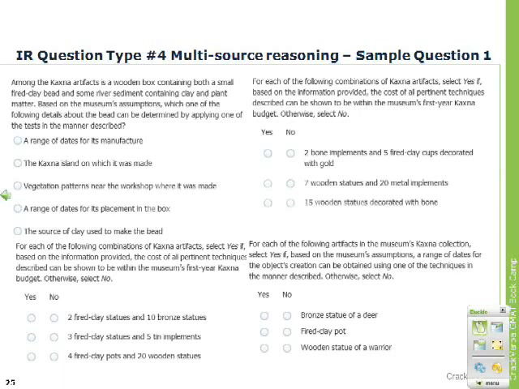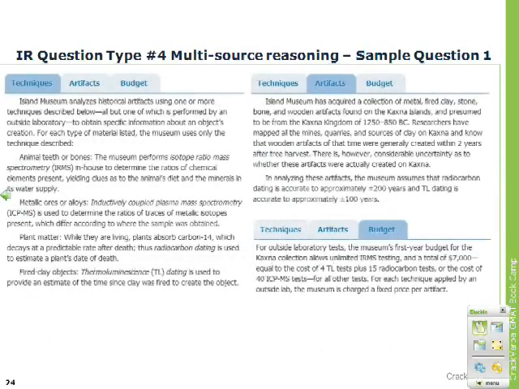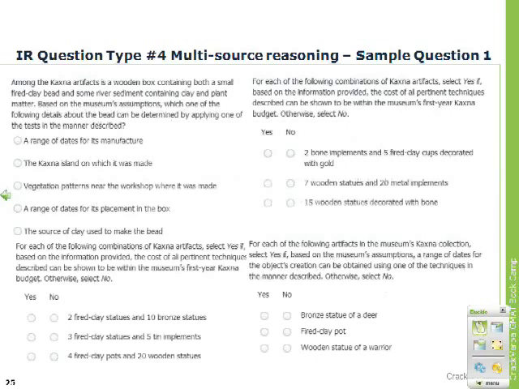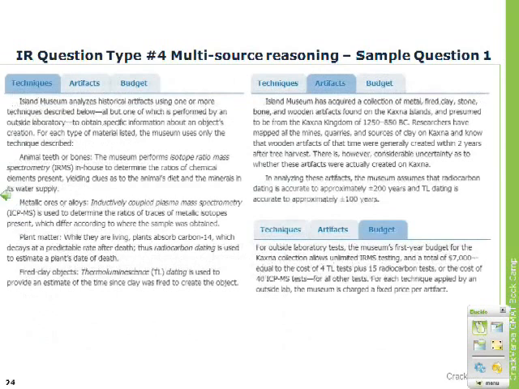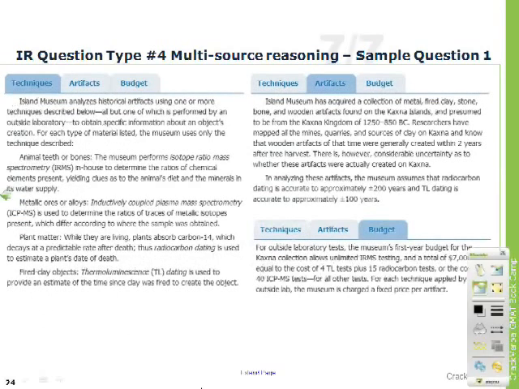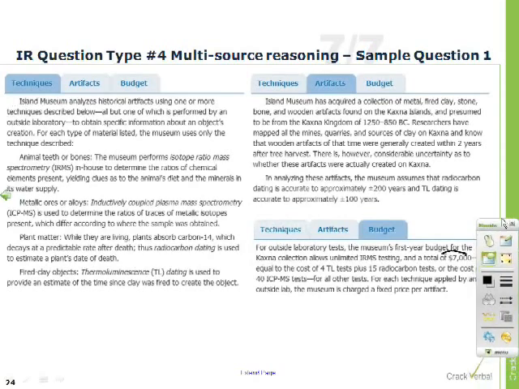So the first one, fired clay statues are analyzed using TL. Right, and 4 TL tests cost $7,000. So we have 2 fired clay statues. That accounts for $3,500. This says total of $7,000.